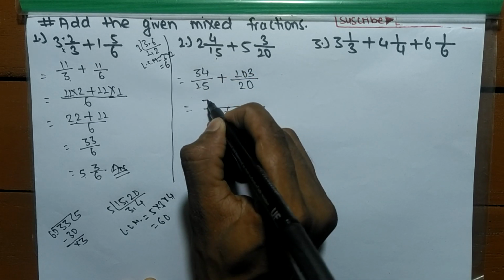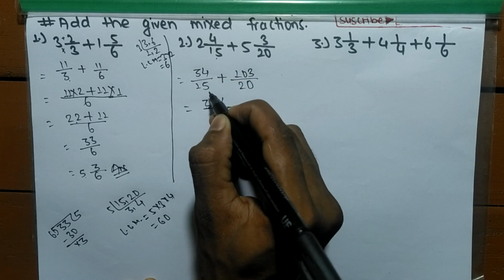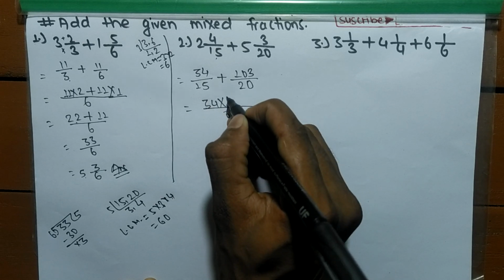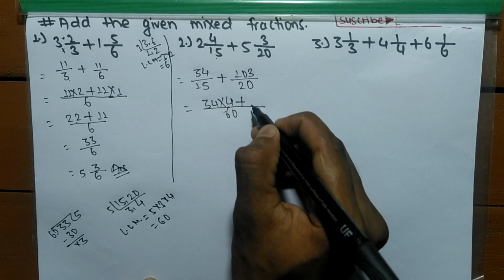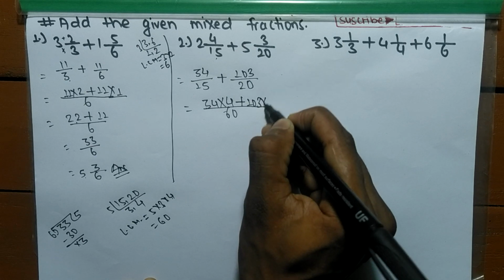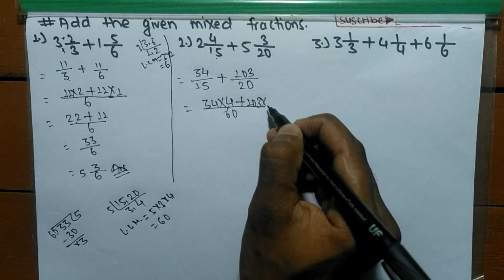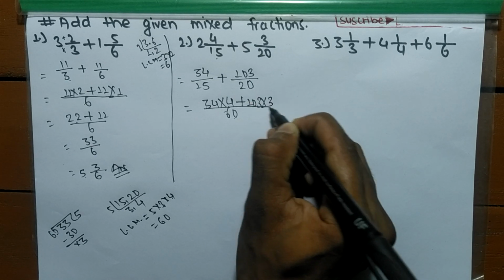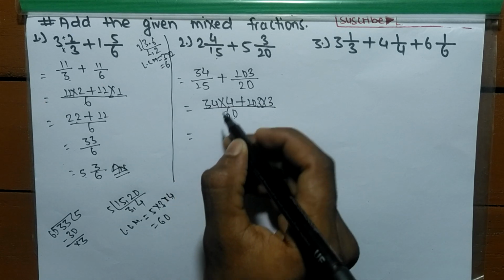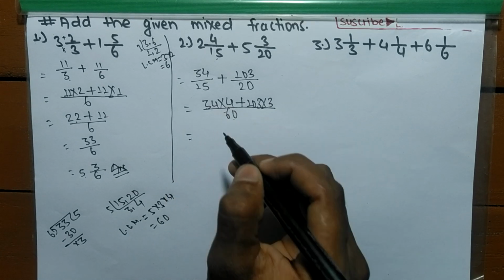So here is 34. So 34 into 60 divided by 15 means it is 4, plus 103 into 60 divided by 20 means it is 3. So now we have to multiply 34 times 4.